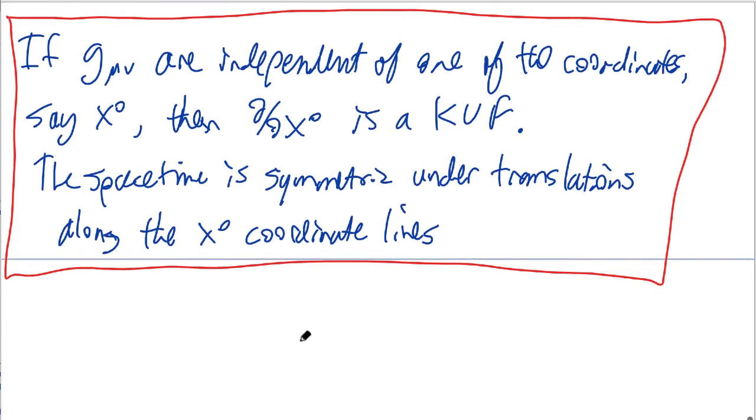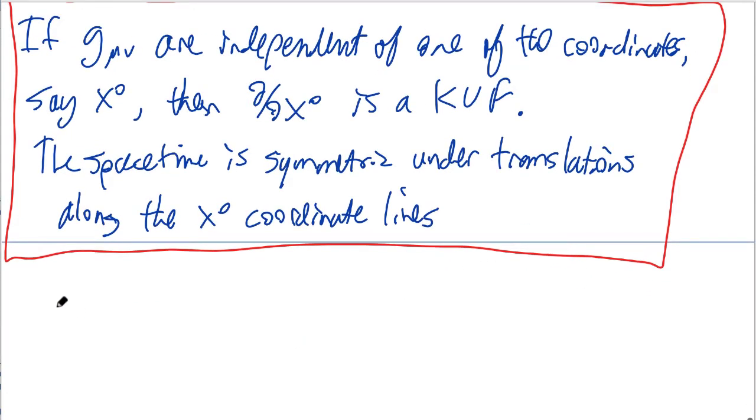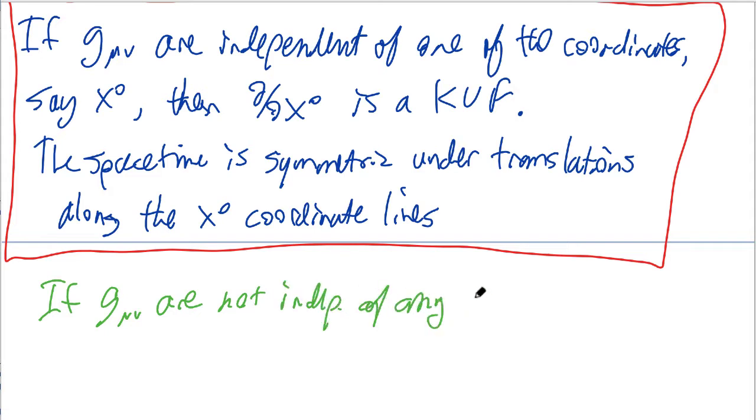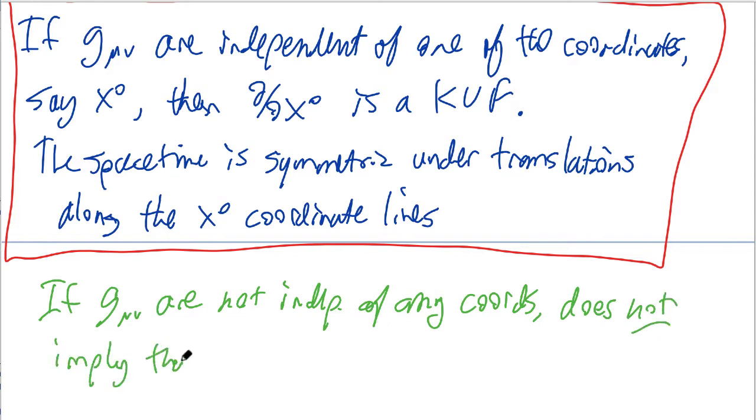Now we have to be careful in using this result. If, for example, the metric components g mu nu are not independent of any of the coordinates, that does not imply that there are no symmetries.